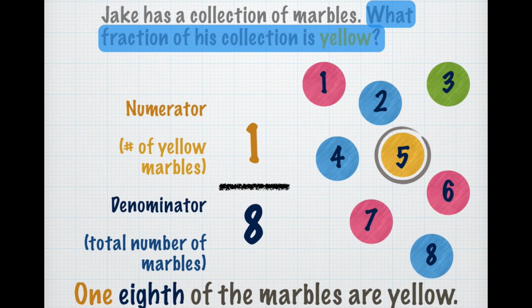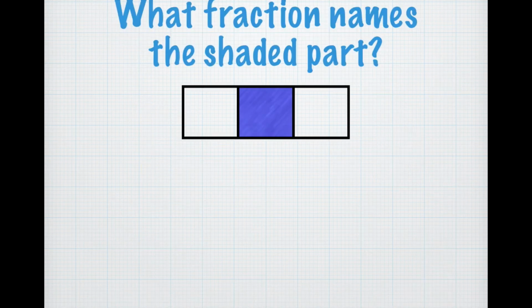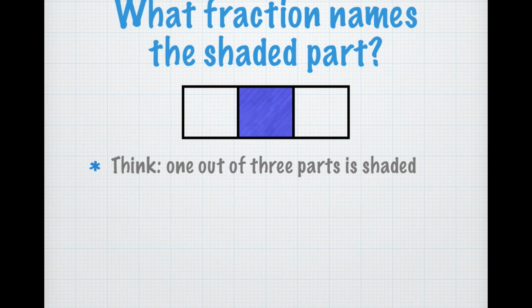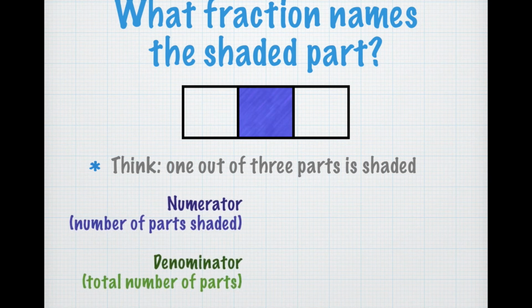Let's turn our page over, and let's write a fraction that names the shaded part. Remember, our numerator is our number of parts shaded, that's our top number, and our denominator is the total number of parts, that's our bottom number. If I look at the model, I would think that 1 out of the 3 parts is shaded.